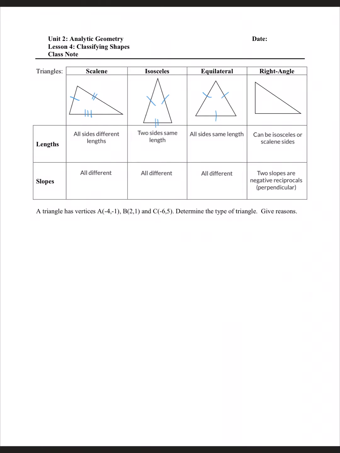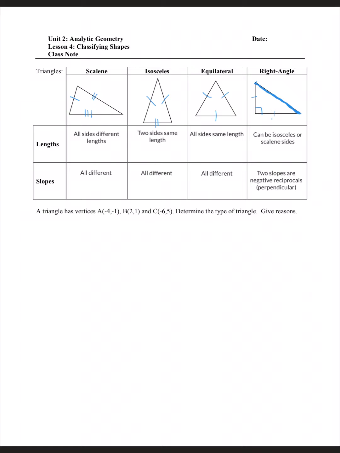For a right angle triangle, you could either have an isosceles triangle or you could have a scalene triangle. We do know that our hypotenuse is always opposite our right angle, so this is always our longest side. So we can't have an equilateral triangle, because this is always going to be longer than the other 2 sides. But we could have it where this side and this side are the same, or these are different sides.